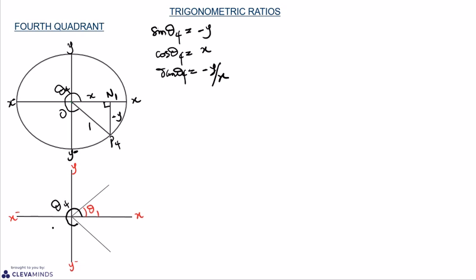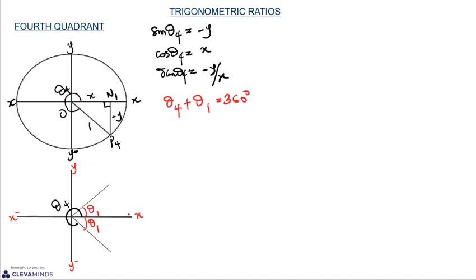Right? Good. So obviously the remaining angle here will be theta 1. That will be left. So from here now, we can see that theta 4 plus theta 1 will give us 360.